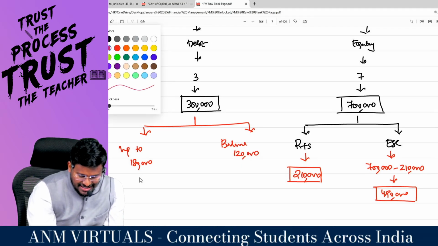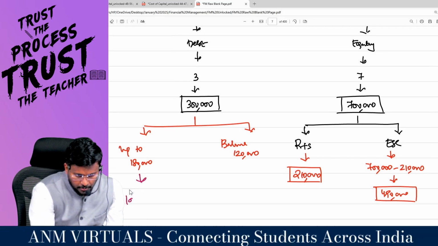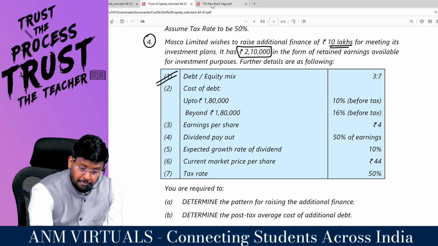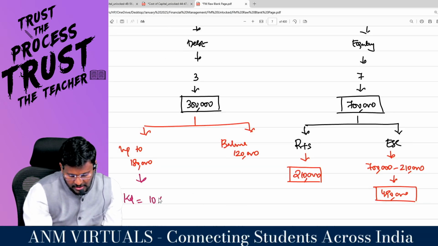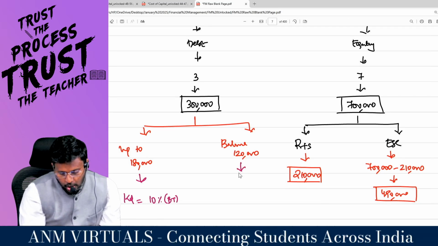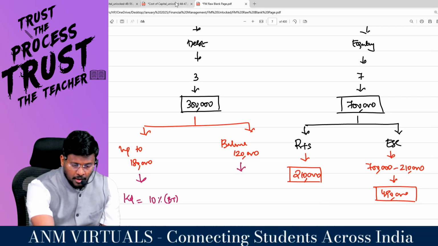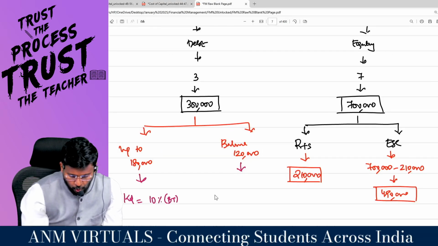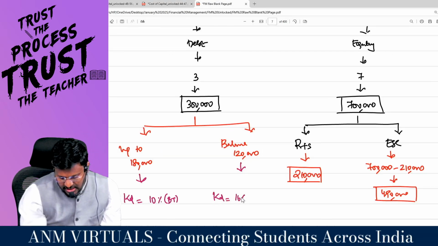KD is equal to 10% before tax up to 1,80,000, and beyond that, for the 1,20,000, KD is 16% before tax.